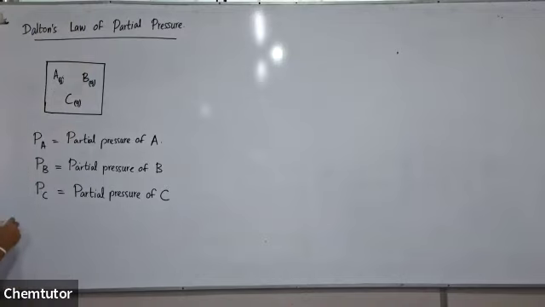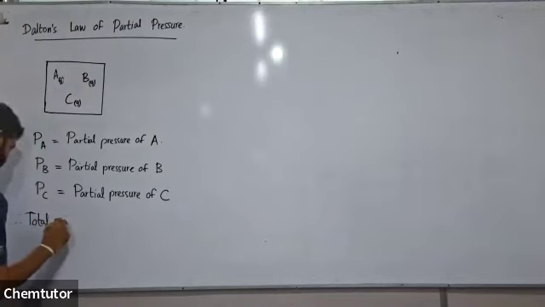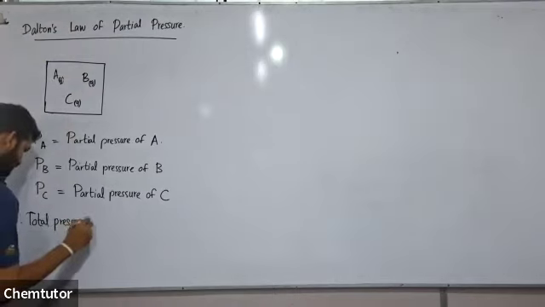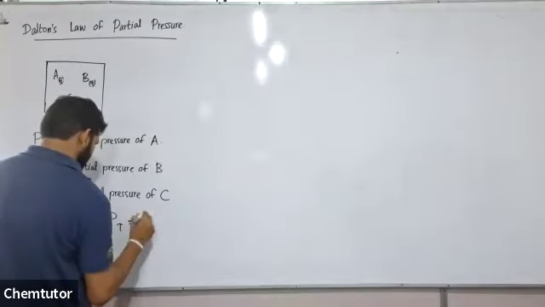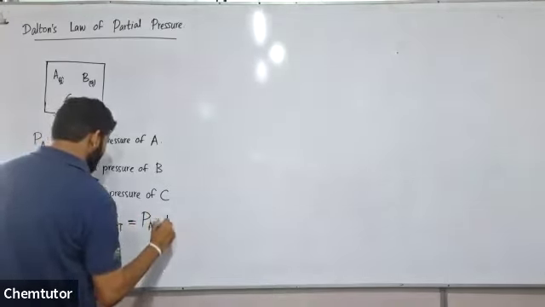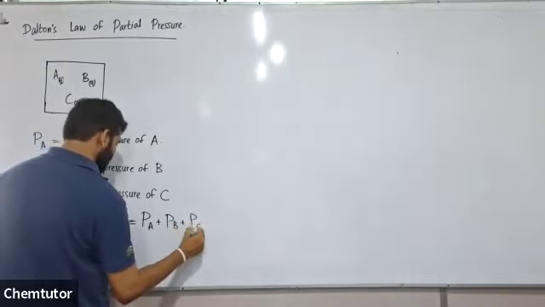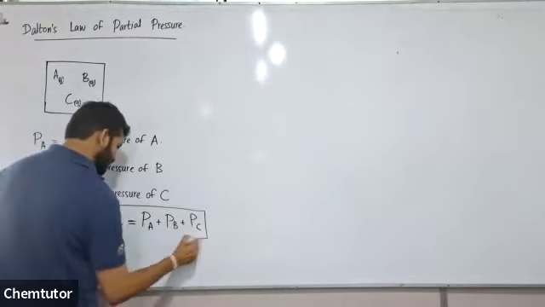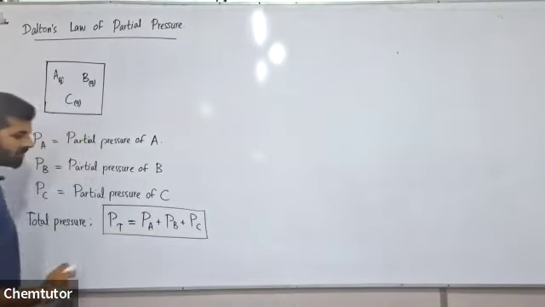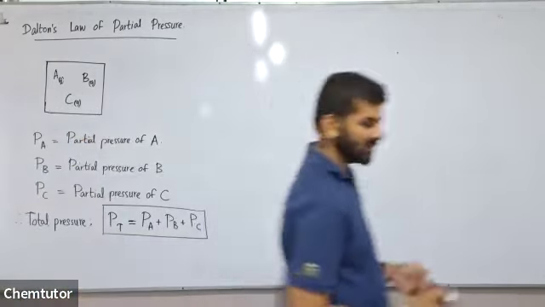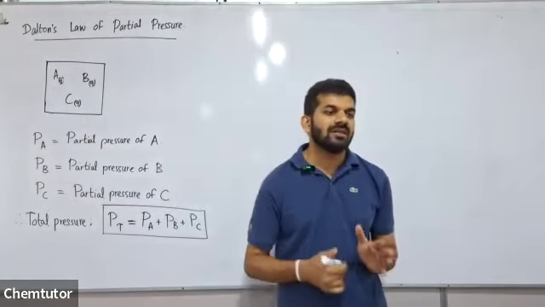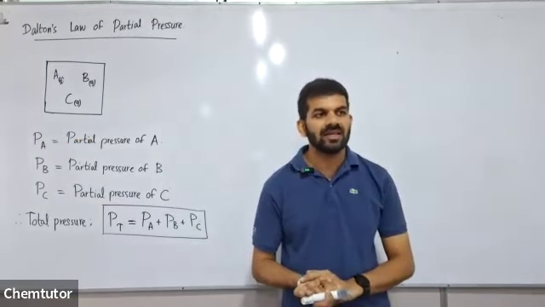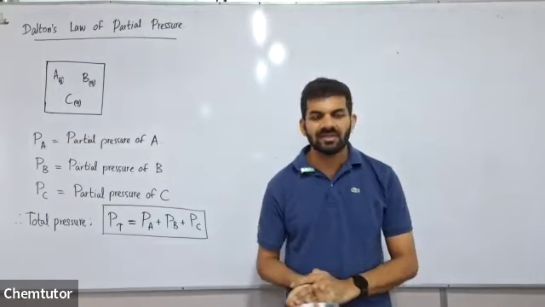Therefore, the total pressure is PA plus PB plus PC. This is called Dalton's law of partial pressure. Dalton said that the total pressure inside the vessel is equal to the sum of the partial pressures of the constituent gases. Is it clear? So that is Dalton's law of partial pressure.